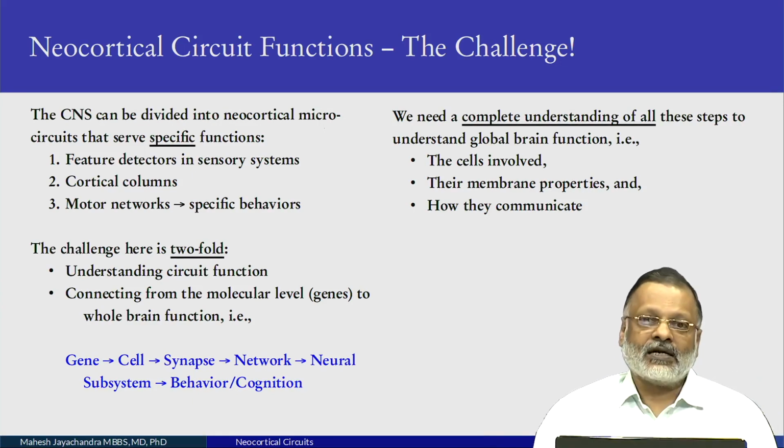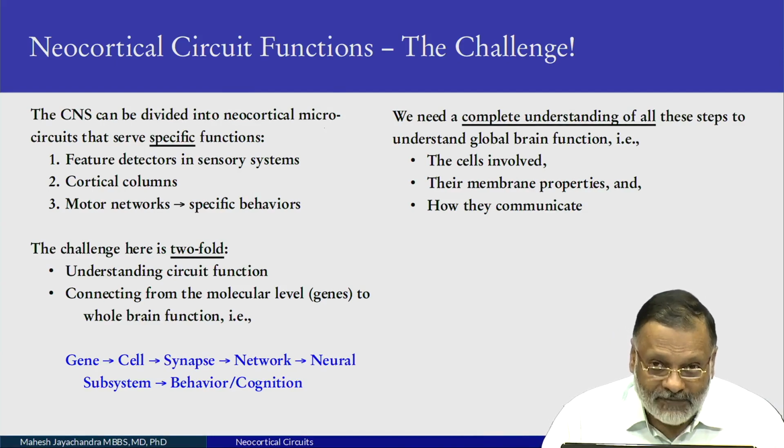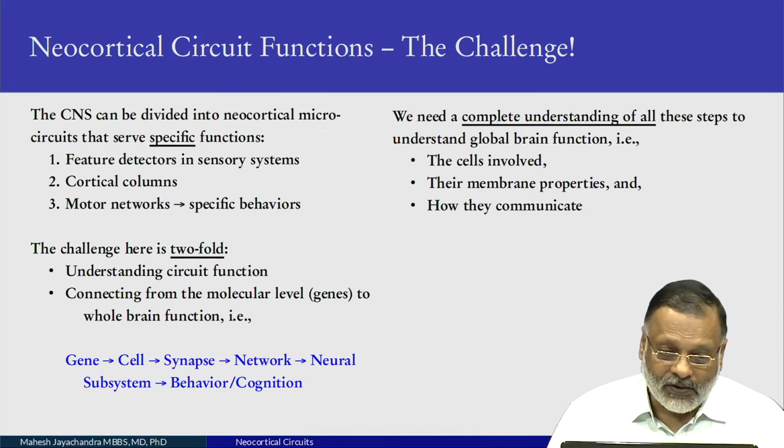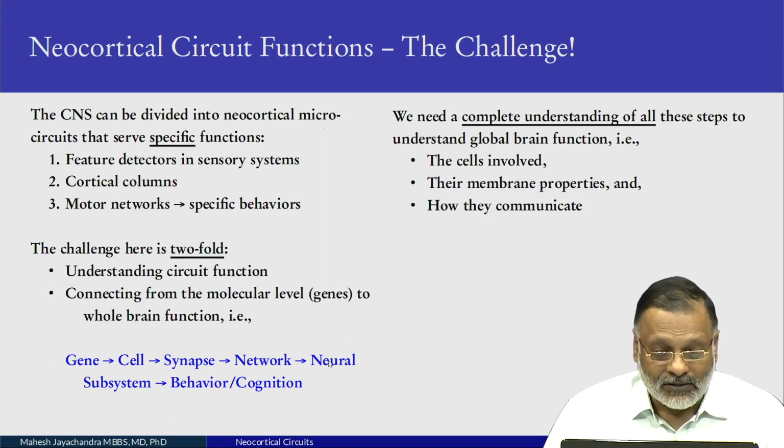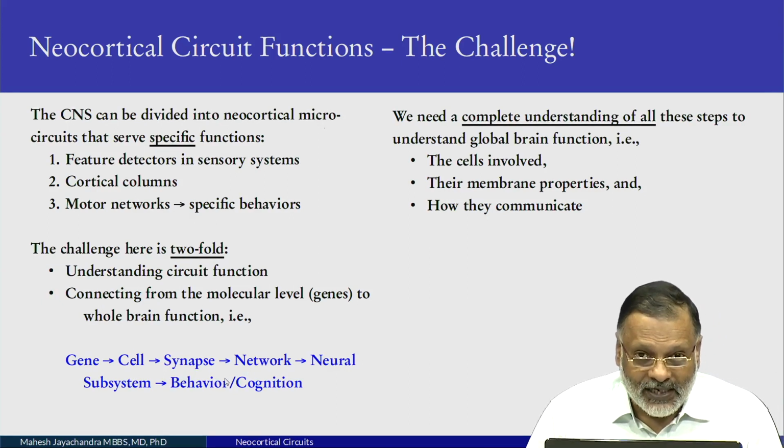First, we have to understand how the circuits function, and then we have to connect from the molecular level to the whole brain. So that means we go from the gene to the cell, to the synapse, to the network, to the neural subsystem, which finally gives rise to behavior and cognition. So I again emphasize we need a complete understanding of all these steps to understand global brain function.